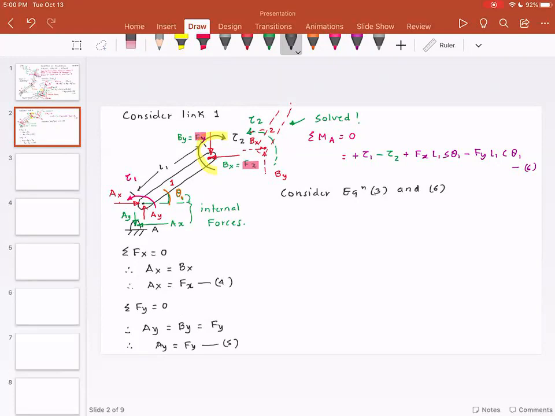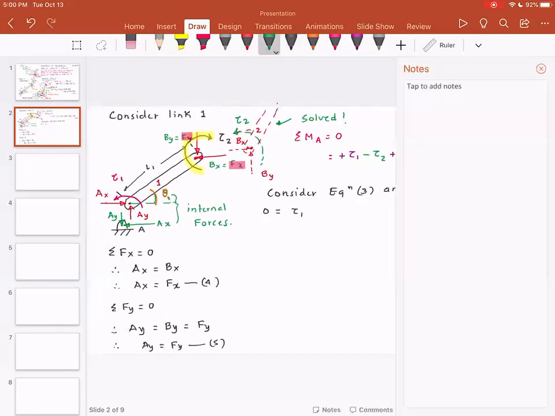Look at equation 3. Equation 3 is 0 is equal to tau 1 minus, and I'm going to substitute the values of tau 1 and tau 2.